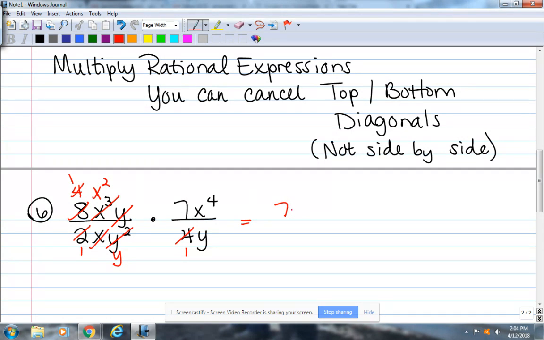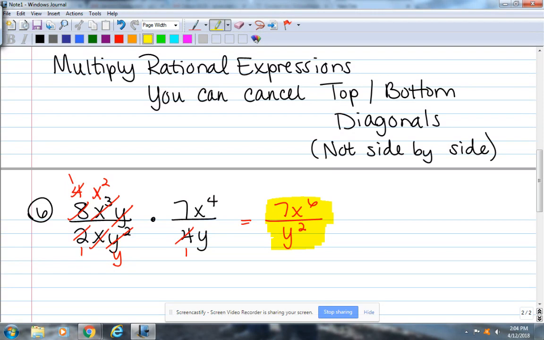So x to the 6, and there's no y's on the top, is there? So this is 1 times y times 1 times y. So I've got a 1, but I can leave this off. What's y times y? Y squared. And that goes on the bottom. And then you double check. I have all different bases and no numbers that reduce. So that is my answer.